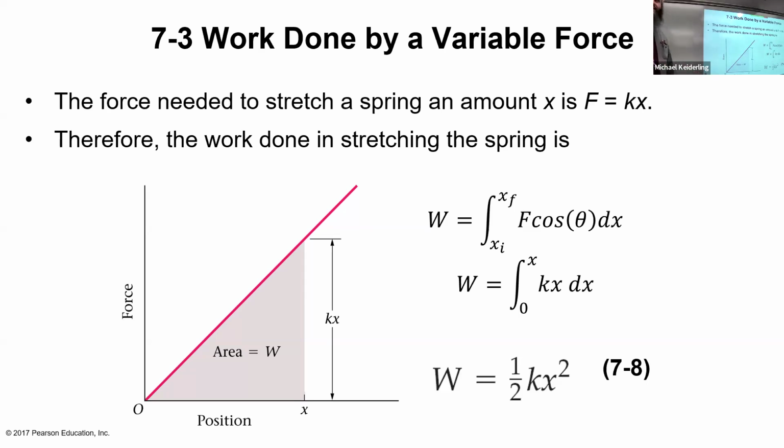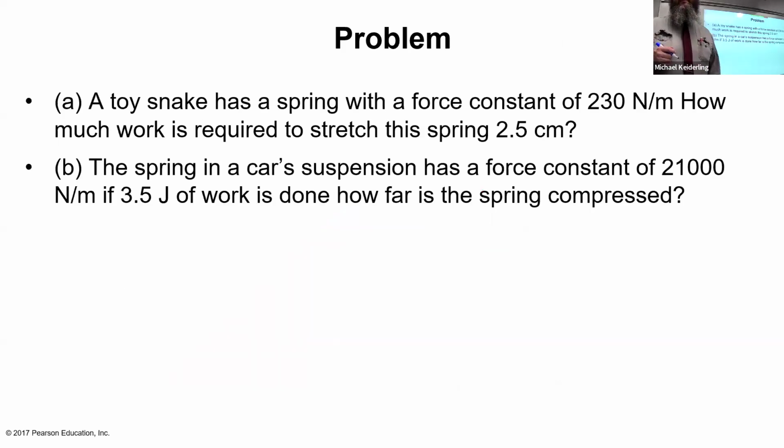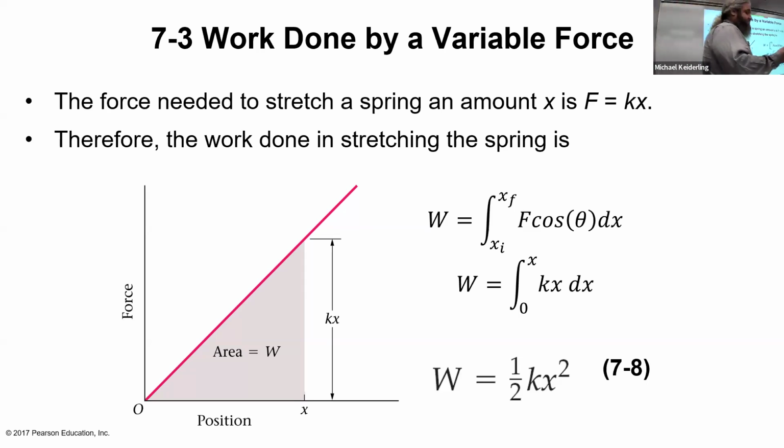You still get 1/2 kx squared. So for a spring, the work to stretch a spring, work on the spring, is 1/2 kx squared. The work by the spring is minus 1/2 kx squared.